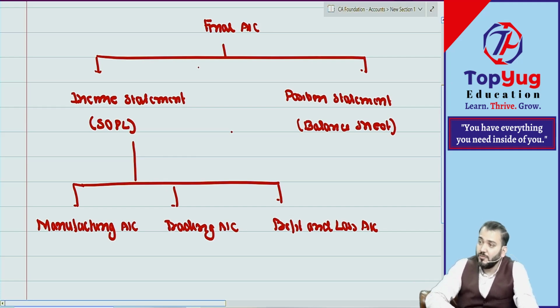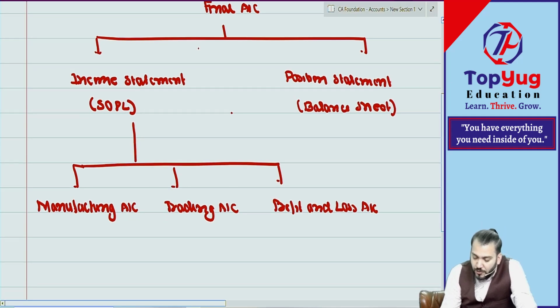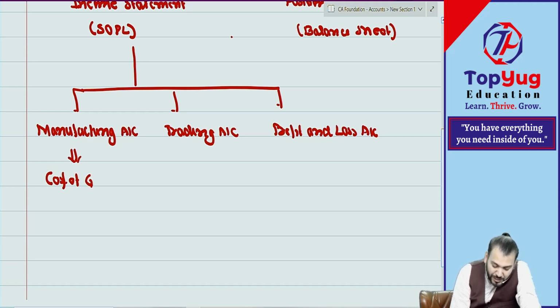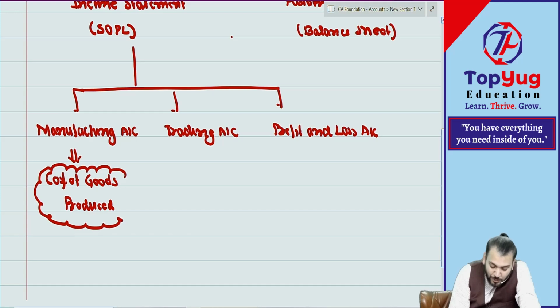Now in these we'll first produce. So first we want the cost of production, means the manufacturing account is required to calculate cost of goods produced. Understood? From the manufacturing account we calculate cost of goods produced.